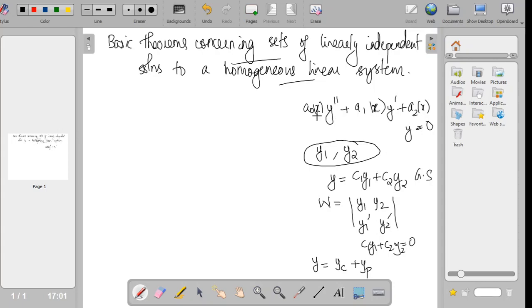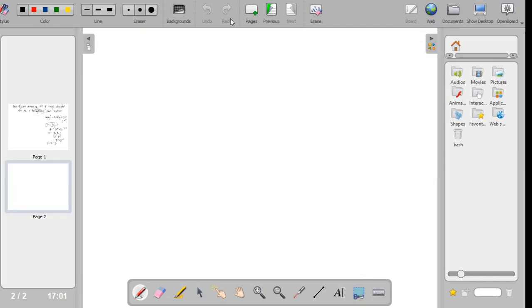So these are the few results. You can generalize this to a differential equation of nth order; the same thing applies. So we will see results similar to this for the homogeneous linear system, and then we'll move on to the non-homogeneous linear system.